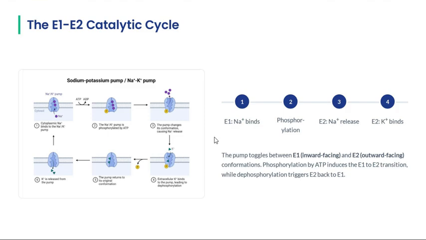So the pump toggles between E1, which is the inward-facing one, and E2, which is the outward-facing one. And phosphorylation by ATP induces the E1 to E2 transition, while dephosphorylation triggers E2 back to E1.